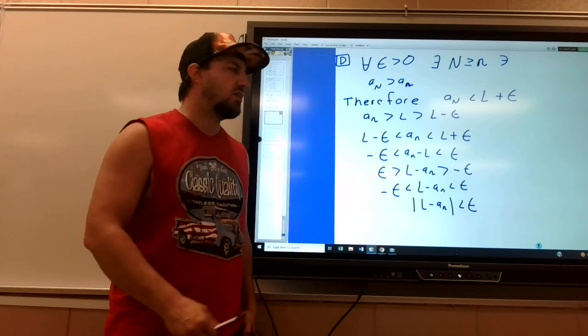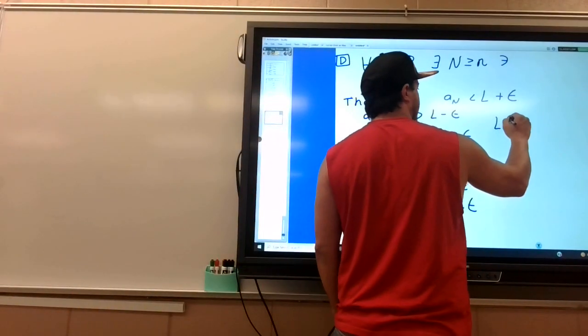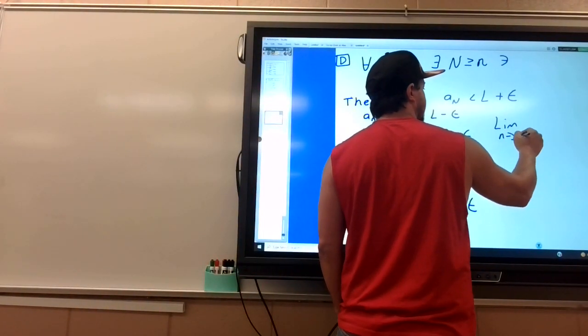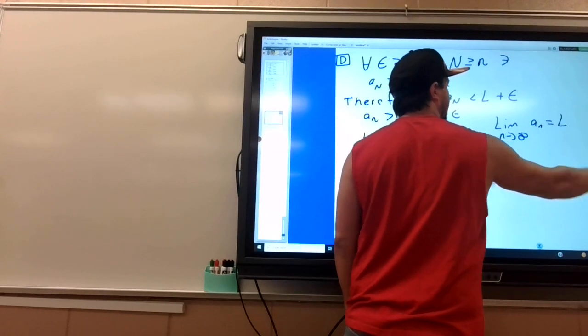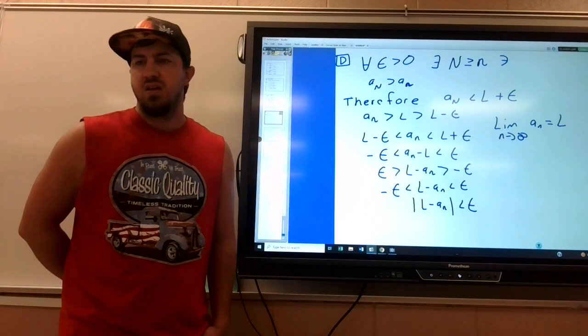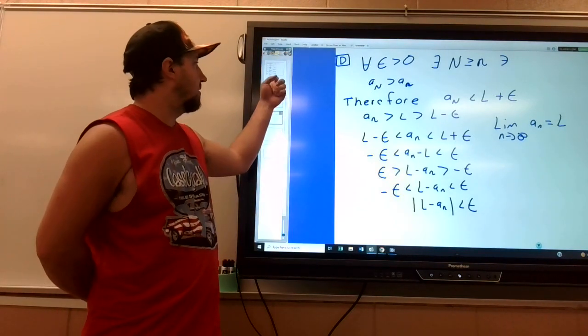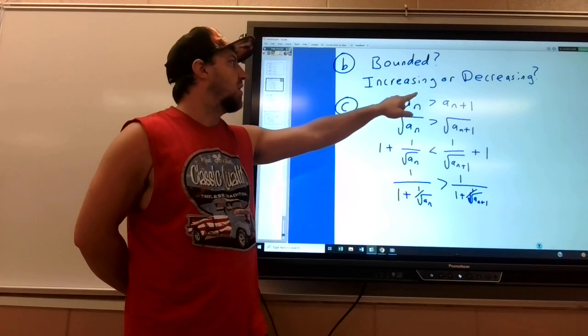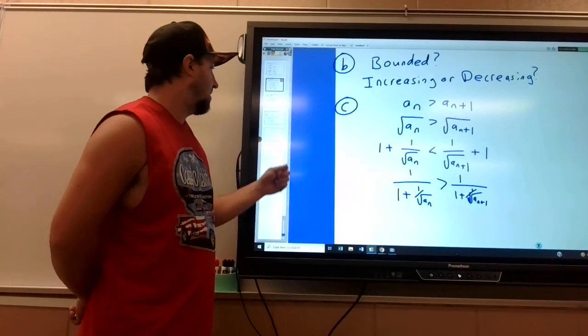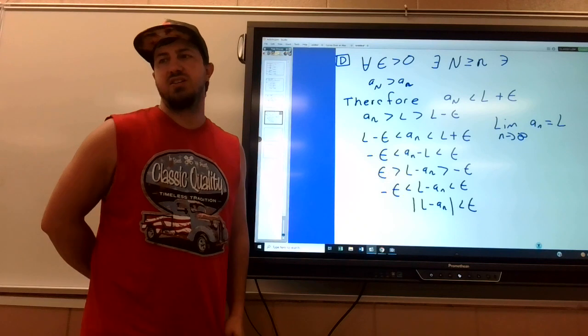So I'm showing the limit as n goes to infinity of a sub n is equal to L. So I showed that it was bounded by 1 and 0.38, and it's decreasing, and it is monotonic decreasing.